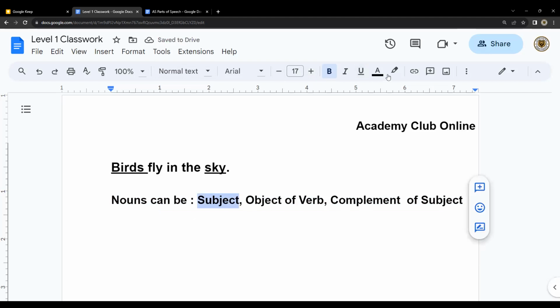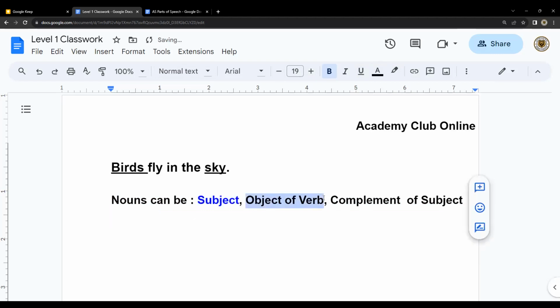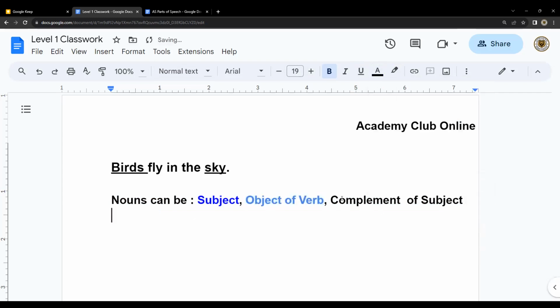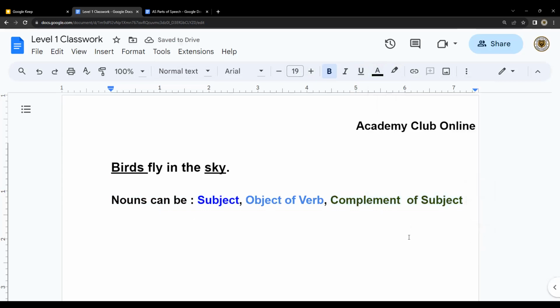Pueden ser el sujeto, que siempre lo ponemos azul. Puede ser el objeto, right? Which is going to be light blue. Y puede ser el complemento. Okay? So, dependiendo en qué casilla o en qué lugar está el noun, va a ser un sujeto, va a ser un objeto, va a ser un complemento. Right? Questions?